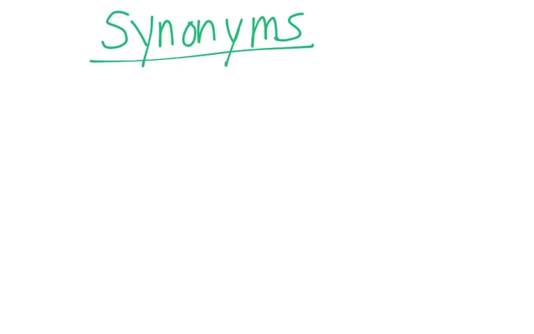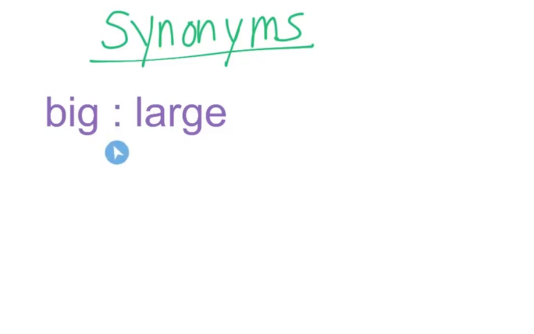So for example, if we have synonyms, I'm going to write the first part of the analogy. So my first pair of synonyms are big and large. And when I'm reading it like this, you'll notice that I've now put a colon in between the two words. So when I read this, it says big is to large.